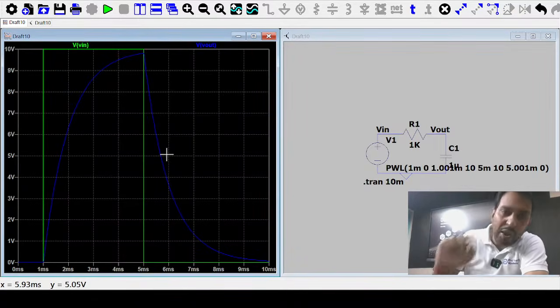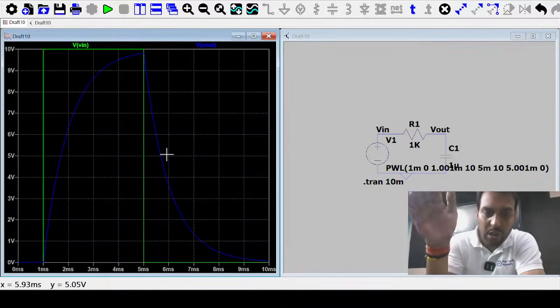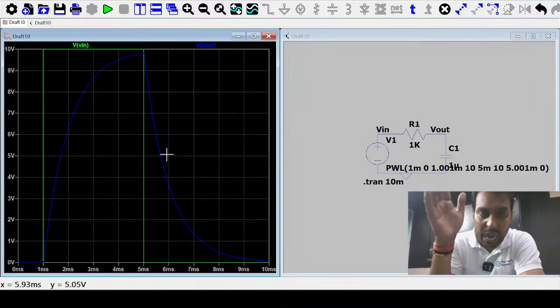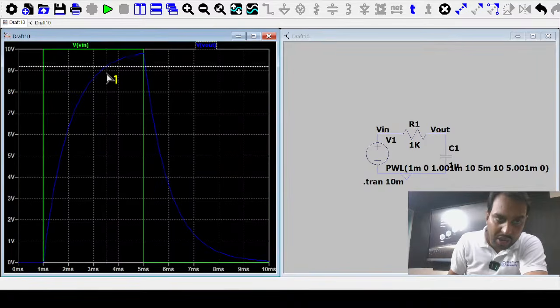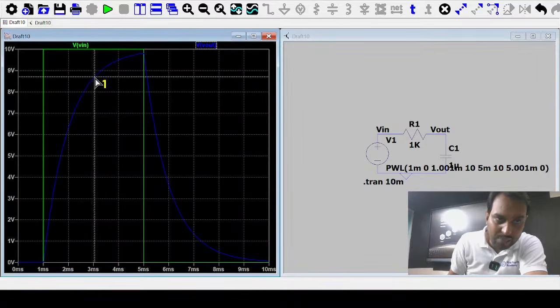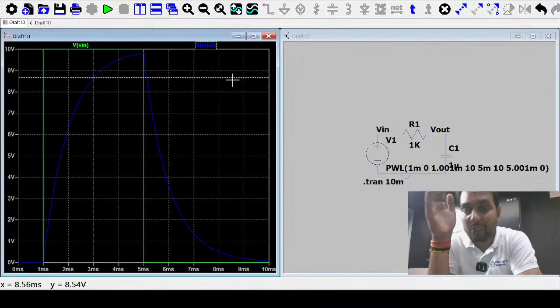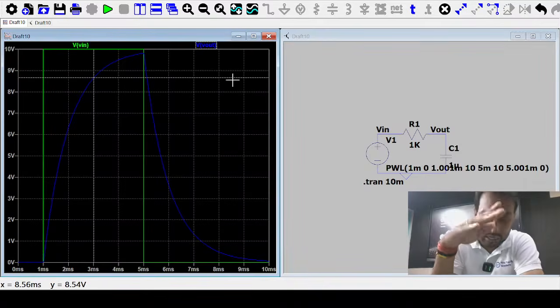You can put in the value at 3 millisecond, that means 2 tau, because it is 3 minus 1 millisecond: till 1 millisecond it is 0, so after 3 there is a difference of 2 millisecond. At 2 tau you can check the output value with the basic equation, 10 times 1 minus e to the power minus t by tau, where t is 3 minus 1, because it is starting from 1.